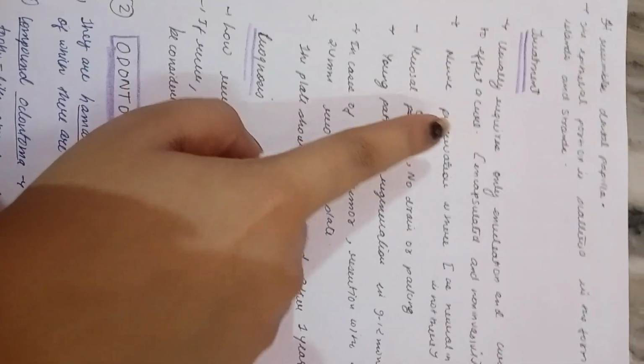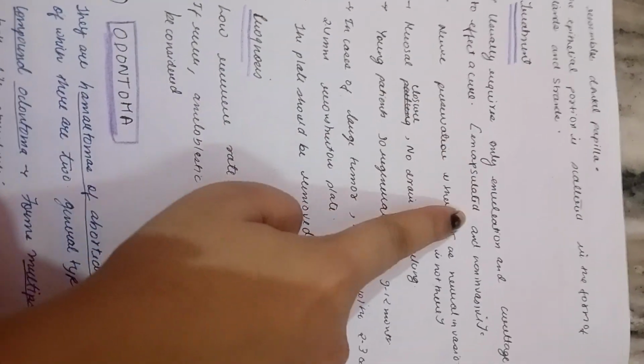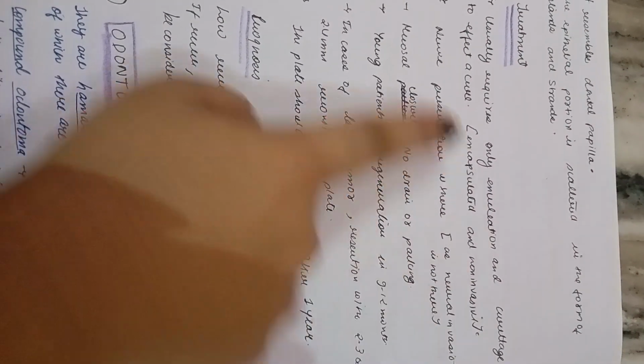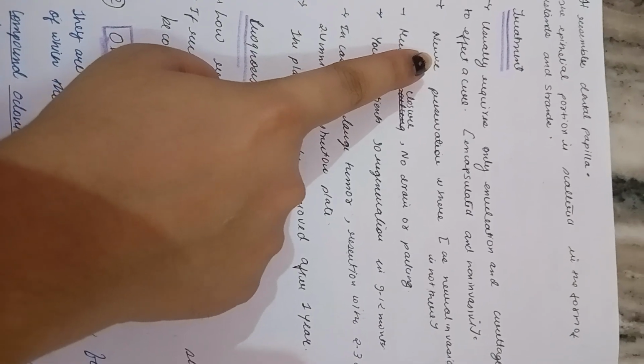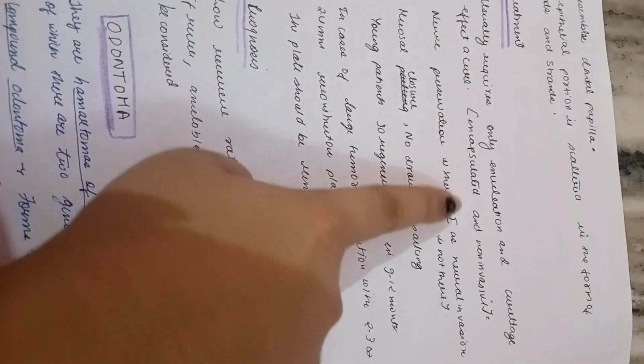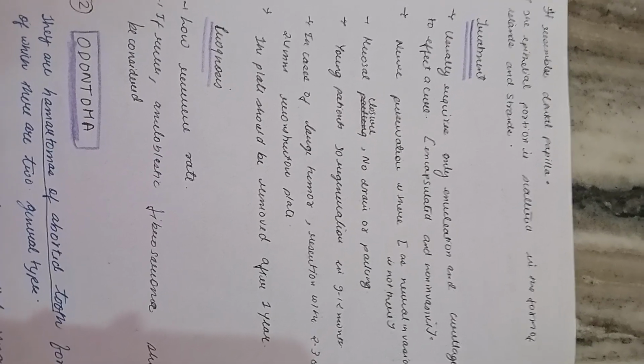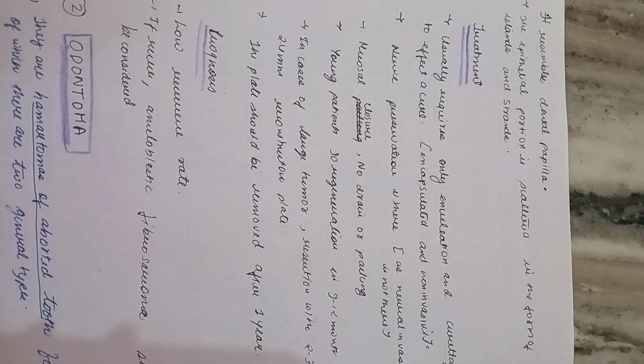Okay, what is the treatment? It usually requires only enucleation and curettage to effect a cure. As it is an encapsulated and non-invasive tumor, the treatment of choice is enucleation and curettage.